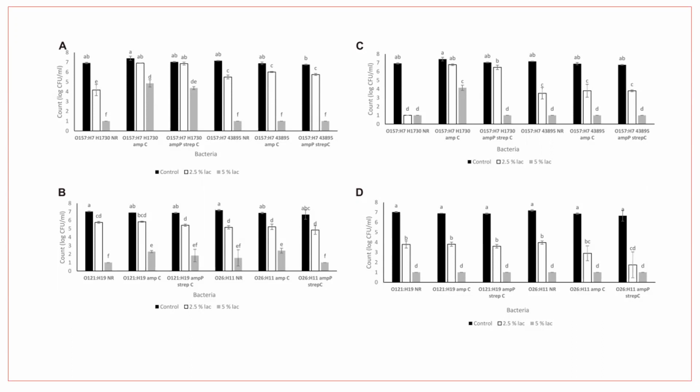While we saw some differences between other strains, with O121 and O26 seeming to do better, that's strains with antibiotic resistance, it wasn't really significant. The main results we found were in this particular strain, O157:H7 H1730, with resistance to ampicillin and streptomycin.